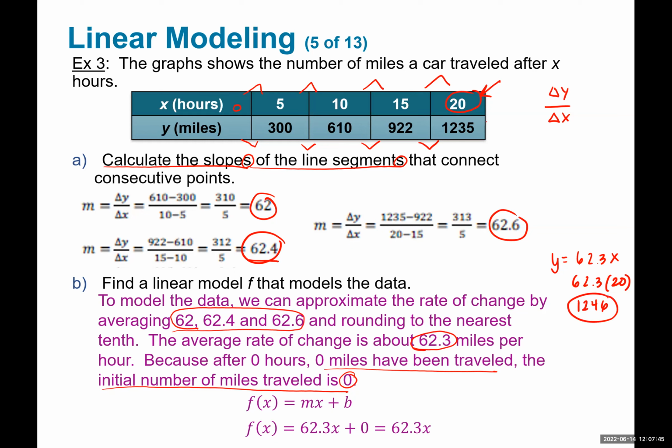Notice that that is not the same as this, but it's close. And the reason is because it's an estimate. It's not the exact values because this is not a linear function. It has little parts of linears, but it's not linear altogether. So if we were to graph this, it may look like this. So it's linear, but it's not straight linear.